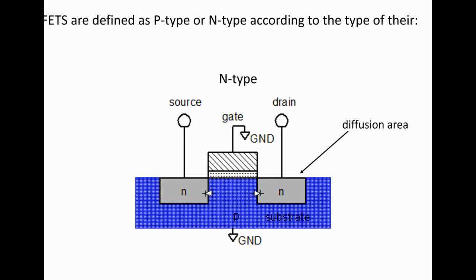What I'm showing here is a P-type transistor. No, sorry, scratch that. This is an N-type because the diffusion area is N-type. I got tripped up because I was looking at the question. So if the diffusion area is N, then they're N-type. If the diffusion area is P, they're P-type.